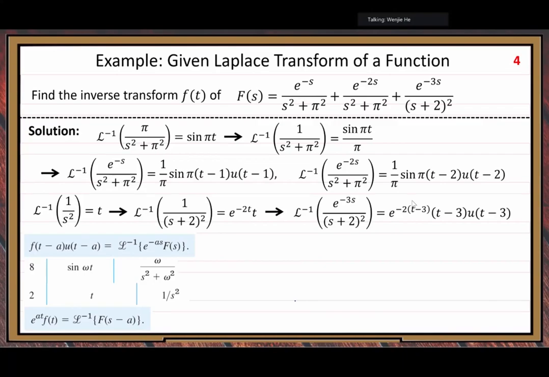So the last step, we combine the results of the inverse Laplace transform of all three functions, adding together to get the final result. The formula is pretty long, right?